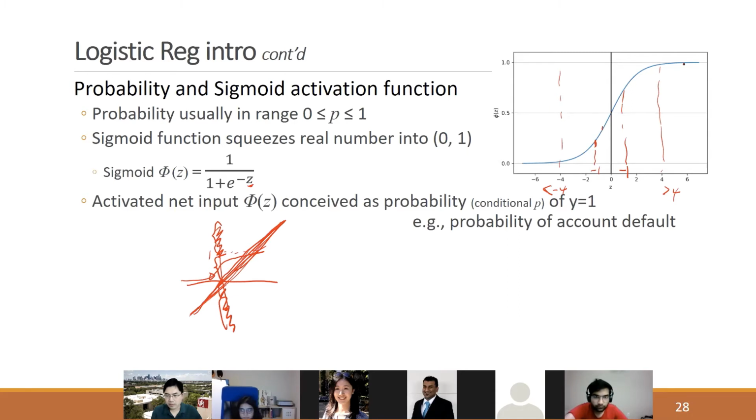It not only gets rid of those extreme values, but it preserves the upside of the linear activation, because it's simple to derive. When you calculate and when you implement the gradient descent, this part is easier.